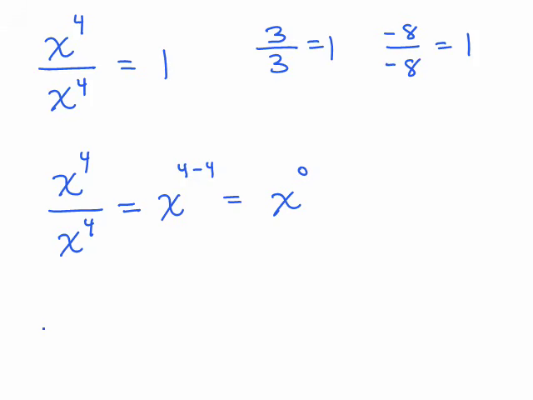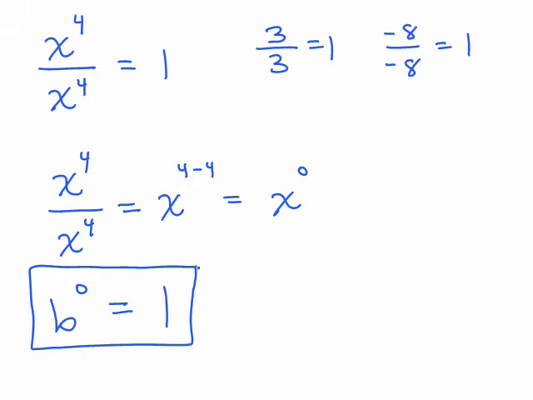When the exponent is 0, we write b to the 0 equals 1. That's the law of the 0 exponent. So it doesn't matter what it is. If it's to the 0 power, it equals 1. So if you've got 7 to the 0, that equals 1.